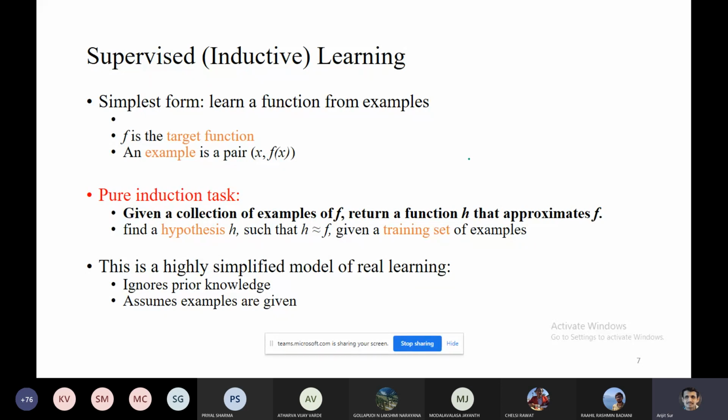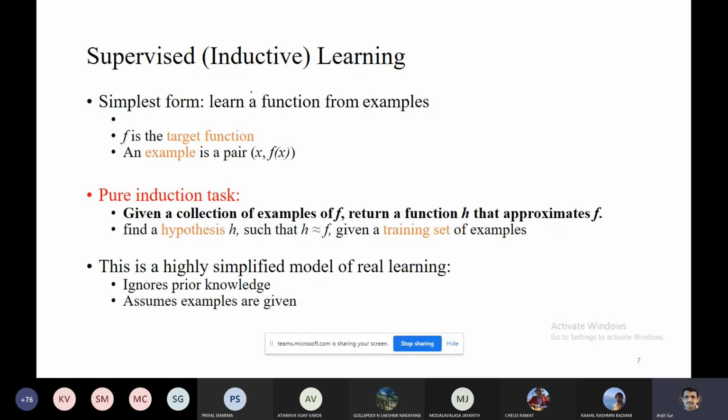So we were discussing supervised or inductive learning, and the main points we have said in the earlier classes.